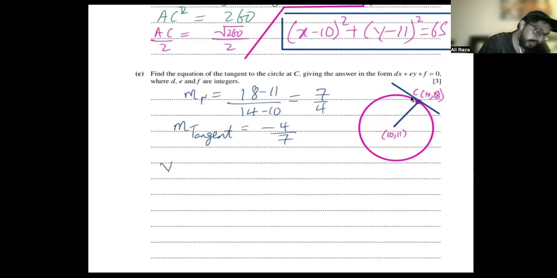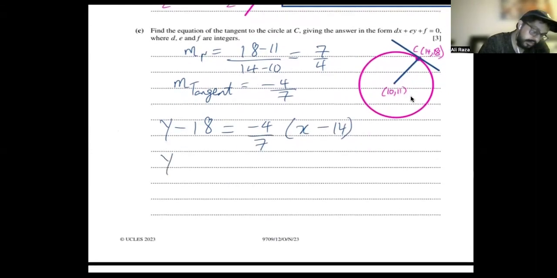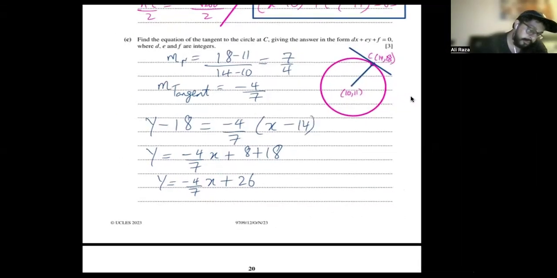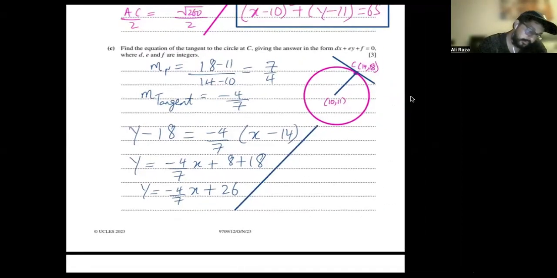So the equation for tangent can be constructed with y minus 18 is equal to minus 4 upon 7 multiplied by x minus 14. Y is equal to minus 4 over 7x plus 8 plus 18. This gives us y is equal to minus 4 over 7x plus 26. And this should be given in the form we'll take the LCM and multiply 7 to the other side.